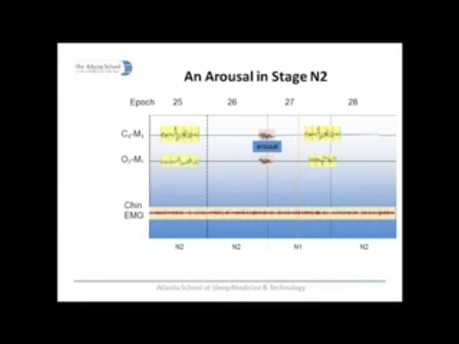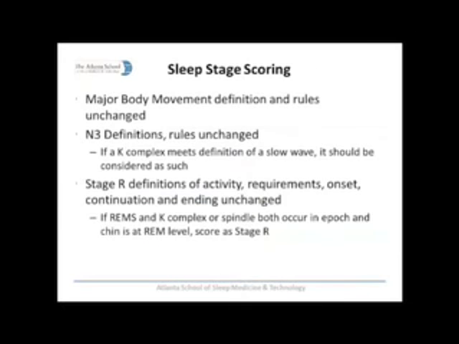So this is a clarification of scoring after an arousal occurs from stage 2. We see 4 epochs, epochs 25, 26, 27, 28, epoch 25 beginning with N2. You see the stage notation toward the bottom. Epoch 26 remains N2, of course, whether or not there is a K-complex or spindle.